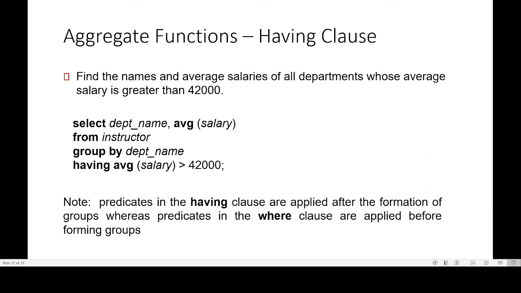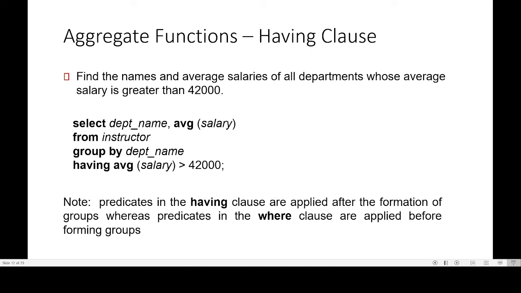Find the names and average salaries of all departments whose average salary is greater than 42,000. So here we want to find the name and average salary of all departments whose average salary is greater than 42,000. We do the normal thing: select department name, because we want the names of all the departments, then average salary.